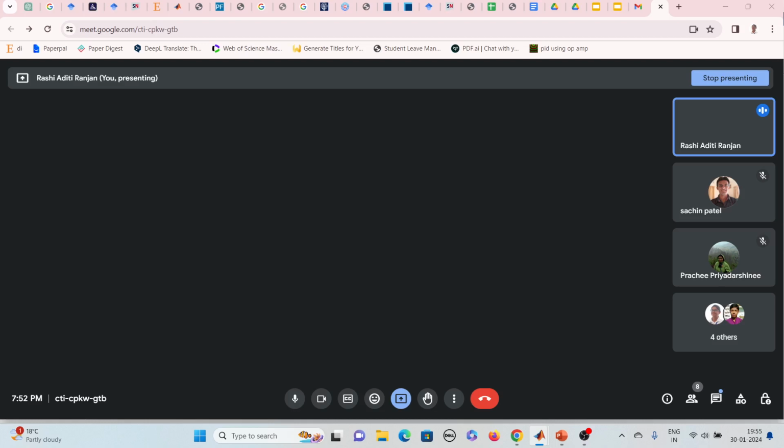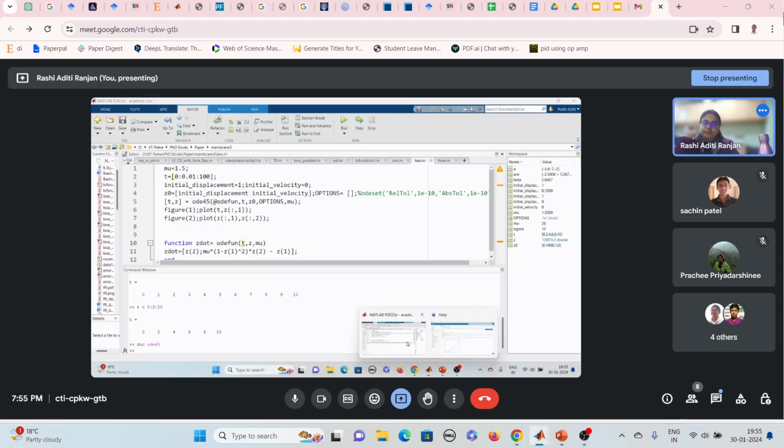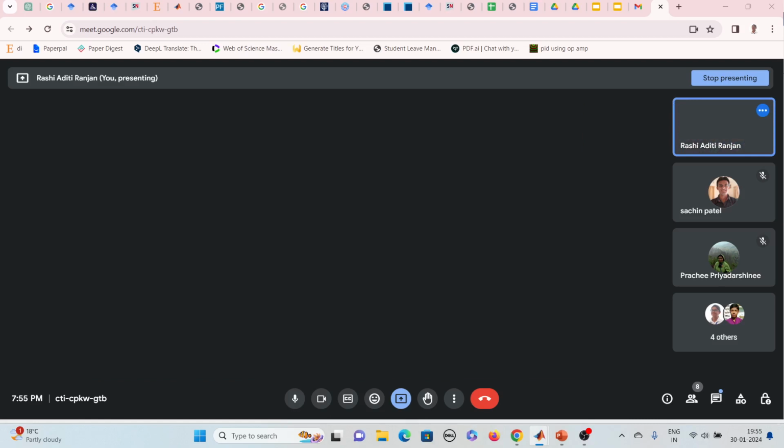T-span is essentially the time that I'm considering for integration, and y naught is the initial condition. So I have called at the rate ODE fun, t comma z naught, options, which you can leave also because we have not defined it, and comma mu, because mu is a variable that I'm defining above. If I had used 1.5 here instead of mu, then I could just remove it from the ODE45 command.